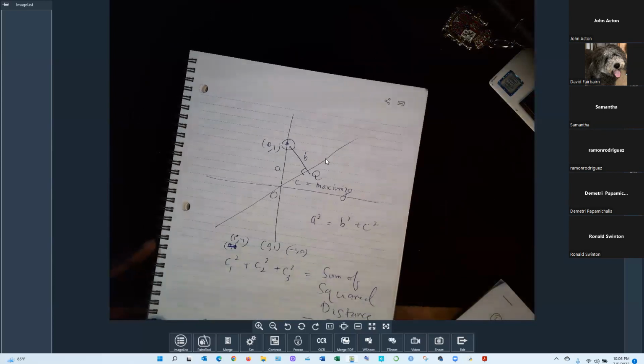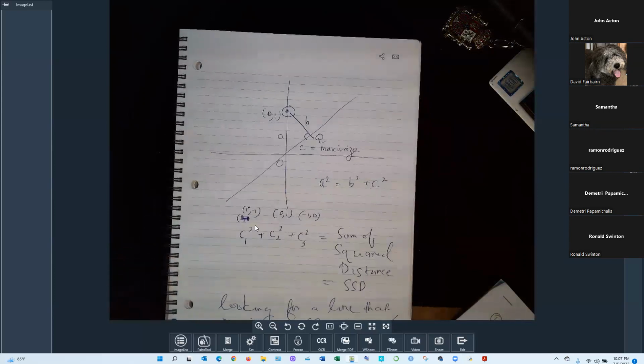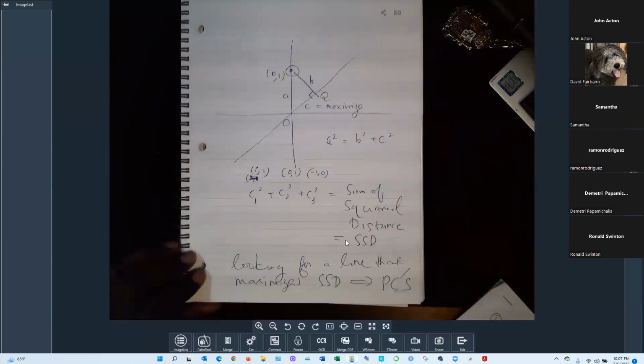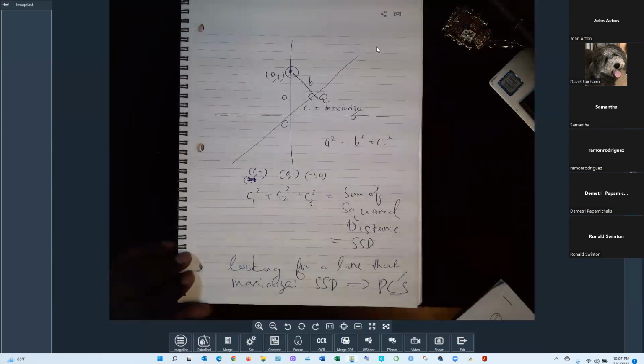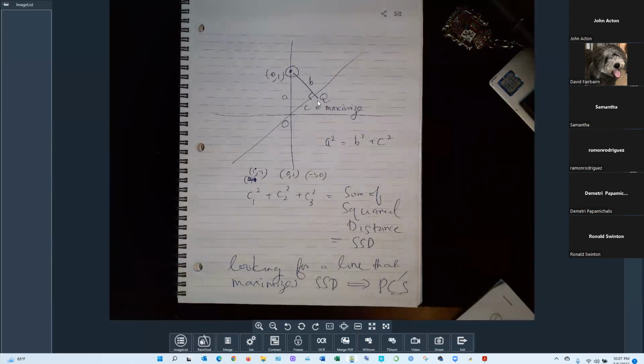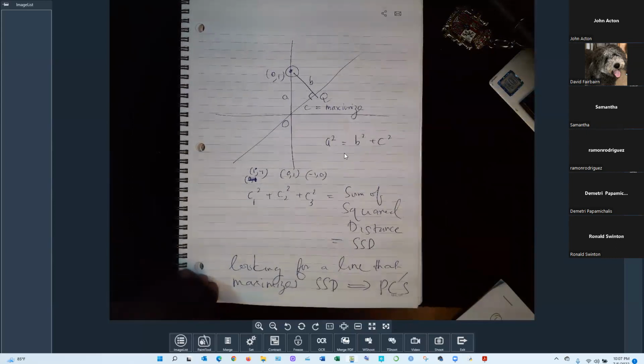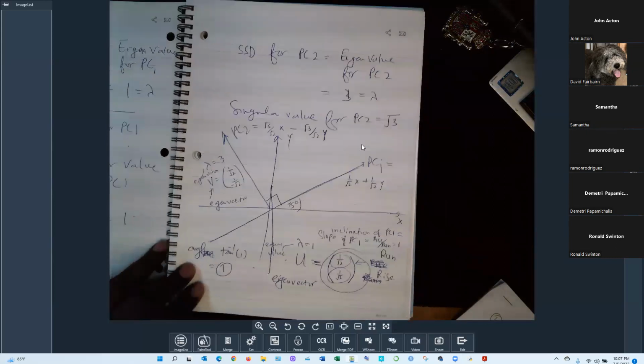You decide I'm going to get this line, based on what? Based on the maximum value of this plus this plus this, which is called SSD, which maximizes the sum of square distances. That line has been picked as my PC1. If you need PC2, you're going to draw another line perpendicular to that one.